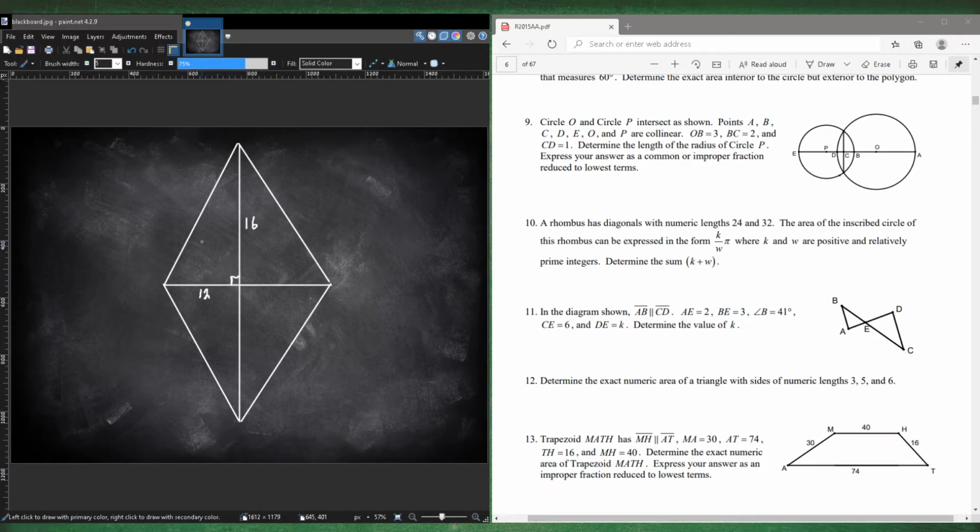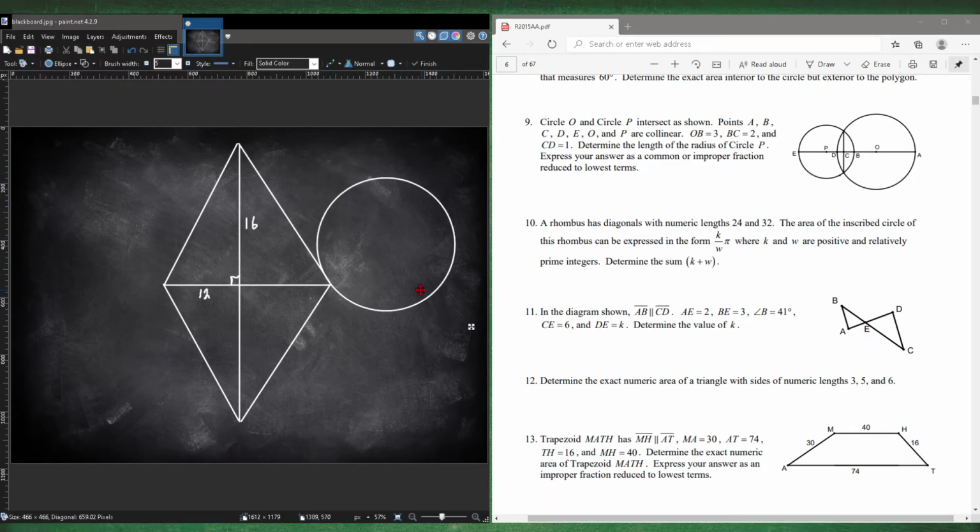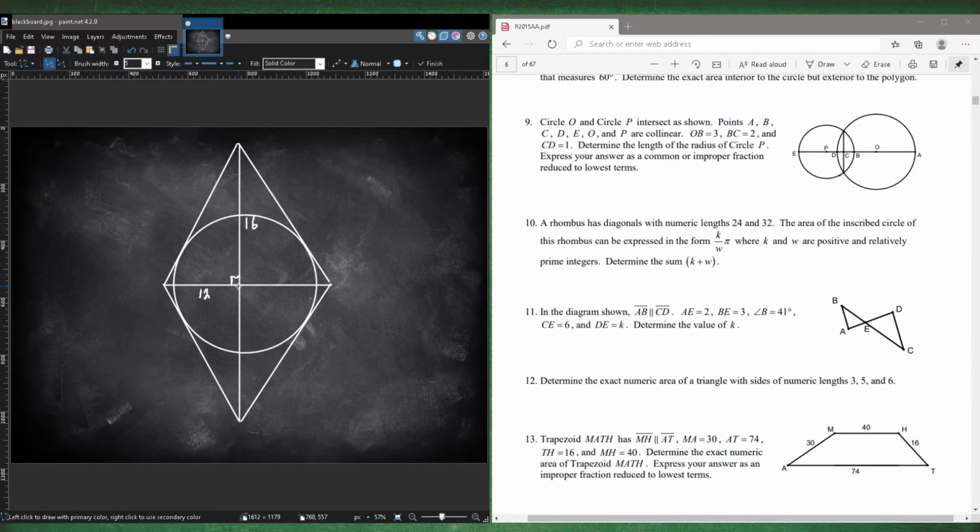So if we're looking for the radius of a circle, I'll just draw a smaller circle to see how it looks. A little bit bigger. Okay, something like this. So what you see is that we can draw from the center of the circle, where the diagonals meet, to the point of tangency.